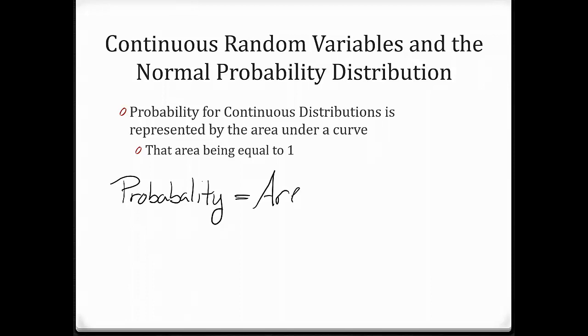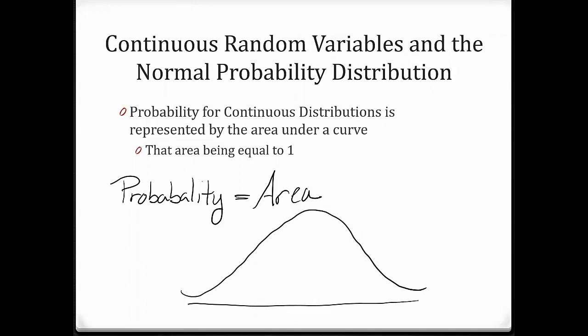They are equal words. They are interchangeable words. When I talk about area, I'm talking about the probability of something that's going to happen. So we have our bell curve. The area equals 1. If I wanted to find the probability of something between something, that is the area between the two somethings. We're going to get into this in depth in the next half of this video. And then we're going to look at some examples.